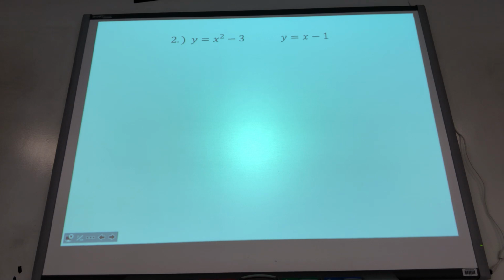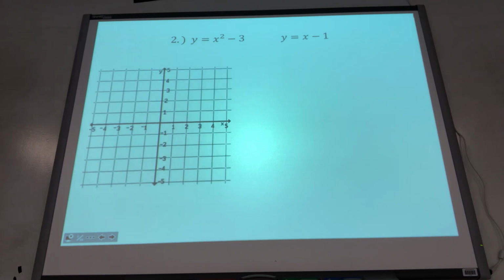So number 2, y equals x squared minus 3 and y equals x minus 1. We don't really know which one is f of x, which one is g of x until we get these graphed.